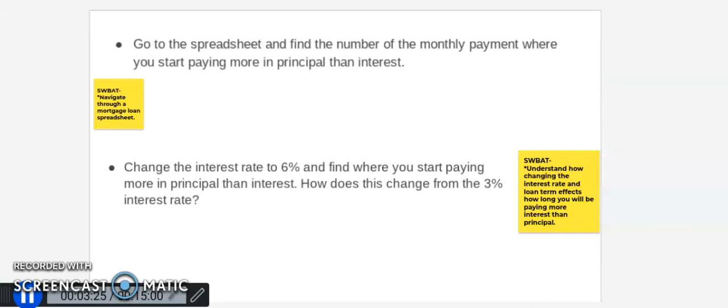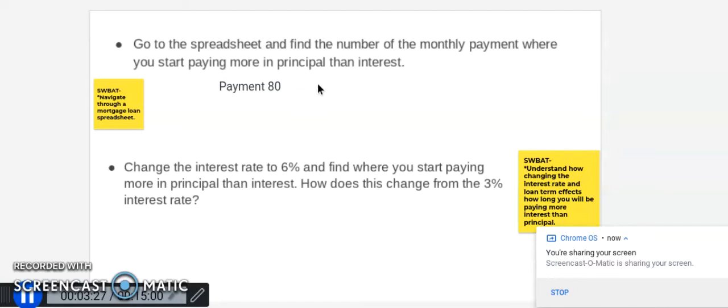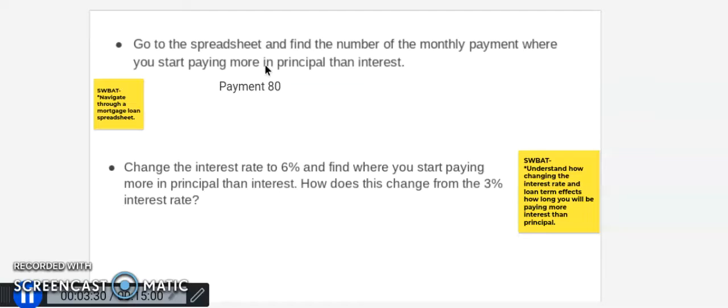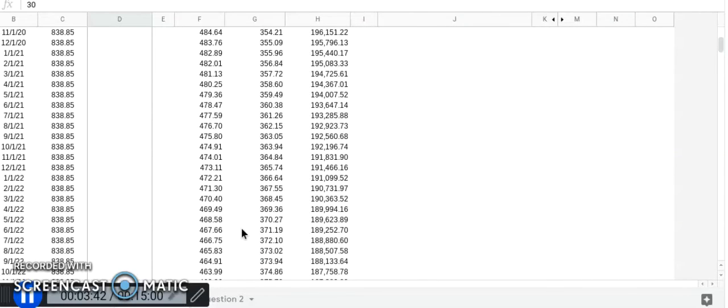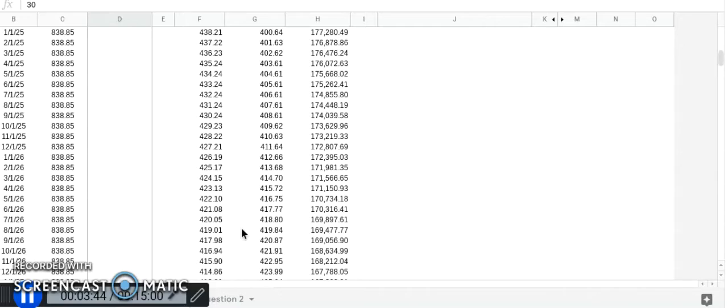Alright, hopefully we found the same one, and the amount where the principal is greater than the interest, it was payment 80. So if we scroll down all the way to payment 80, it's going to be right here. It's just by a little bit, that 0.84, but it is a little bit more.